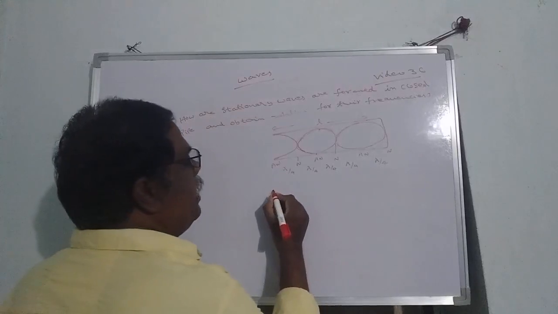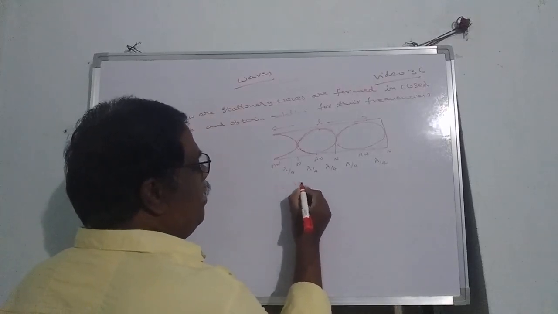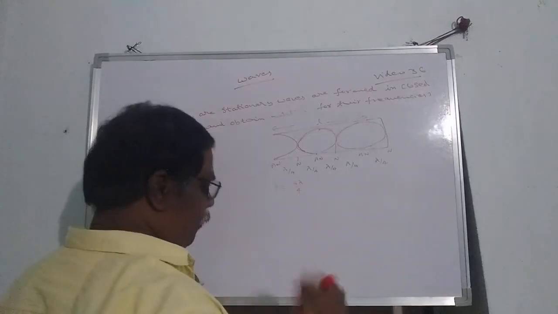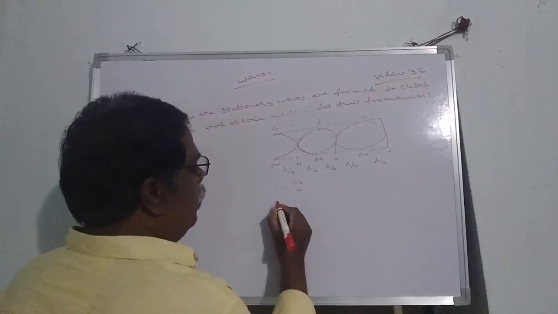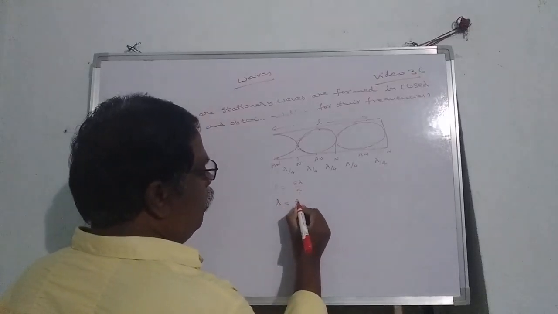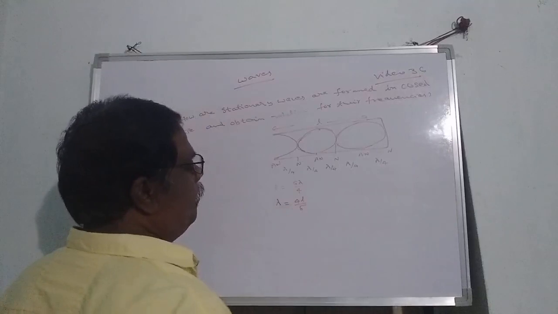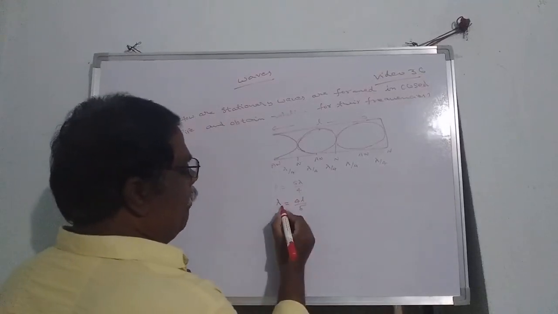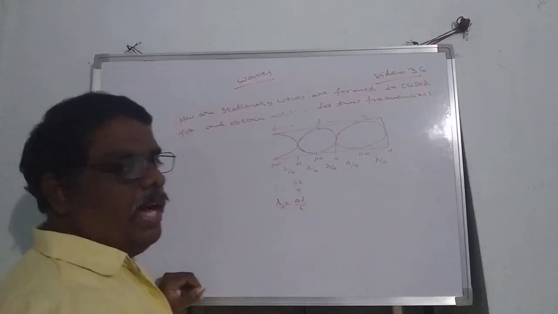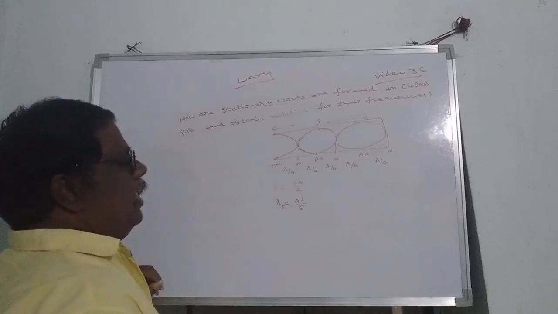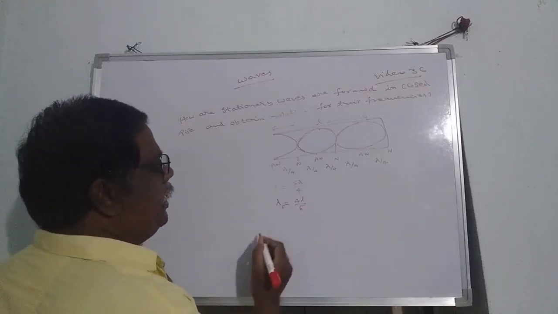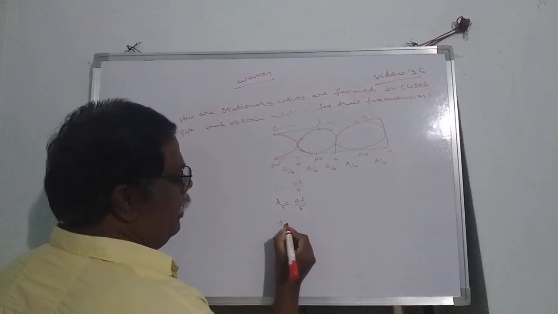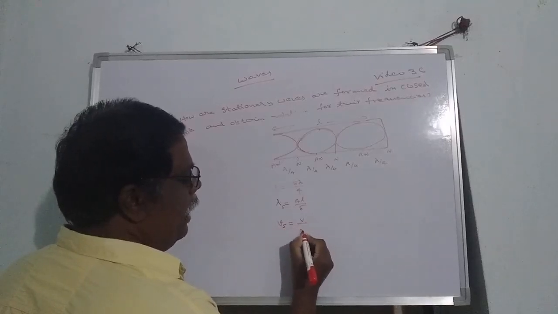So L is equal to 5 lambda by 4. Therefore lambda is equal to 4L by 5, or lambda 5. Let us say it is the fifth harmonic. Next, mu5 is equal to V by lambda 5.